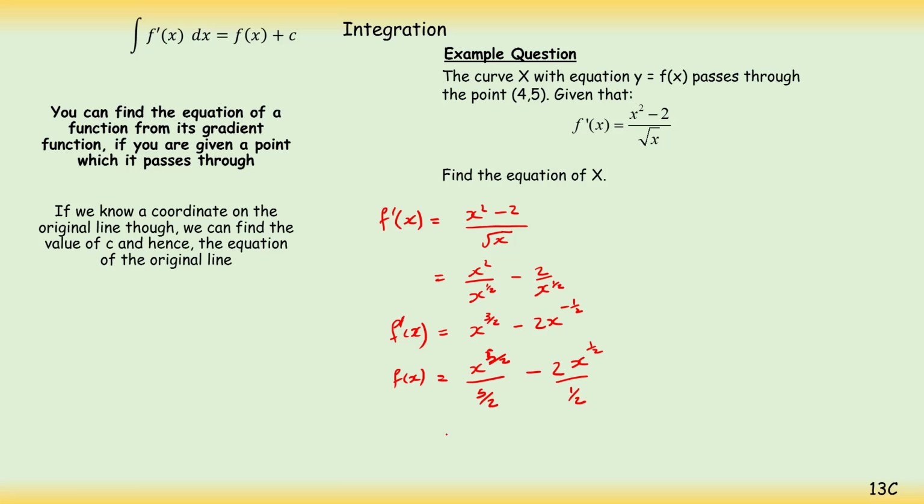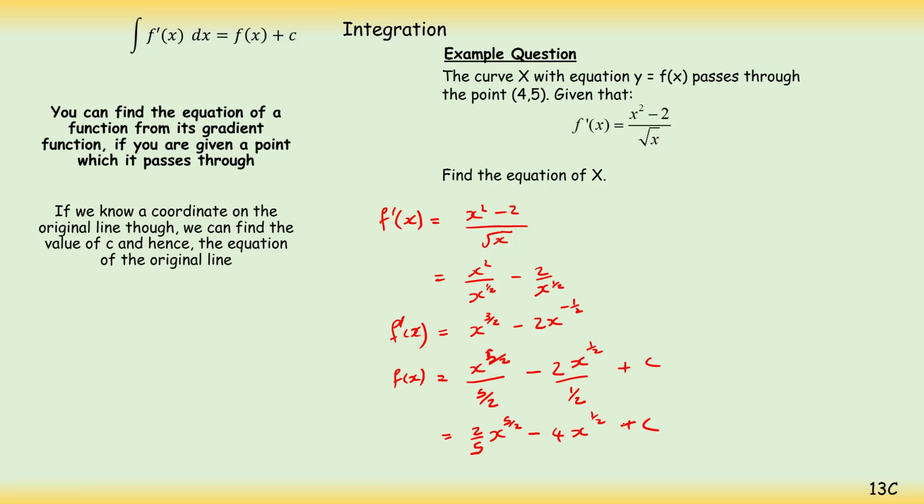And if we simplify, we can multiply by the reciprocal. So don't forget, we can flip it: 2 over 5 x to the power of 5 over 2, minus, flip it, so it'll be 2 times 2, so minus 4 x to the power of a half. And we are missing our constant term, plus c.